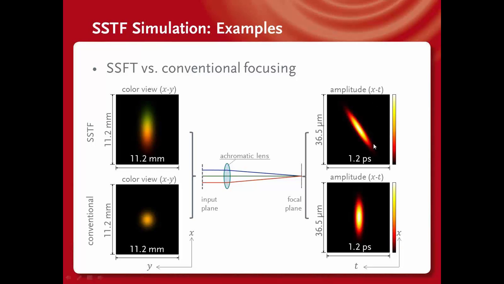That means that here the lower part of the pulse is arriving earlier than the upper part here. And this obviously you don't like in laser material processing. You would like to really have that at each position the pulse is approaching at the same time.